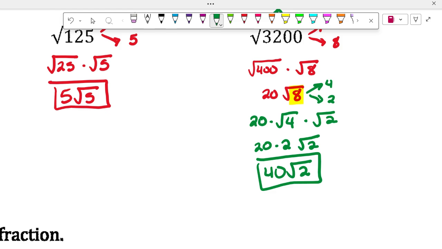Make sure the radicand, or the number under the radical, has no more perfect square factors. If it does, it's okay. You don't need to start over. You just need to simplify that radical and then multiply whatever number you take out to the number that's already outside. Does that make sense?